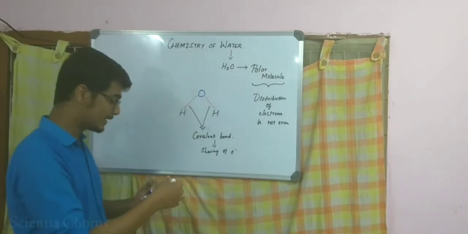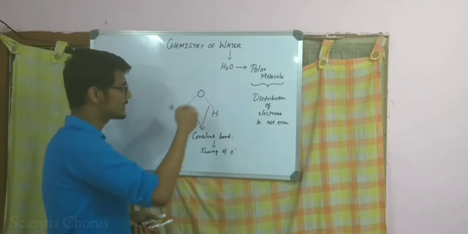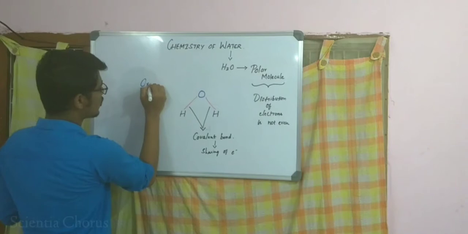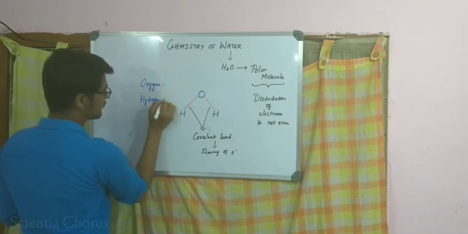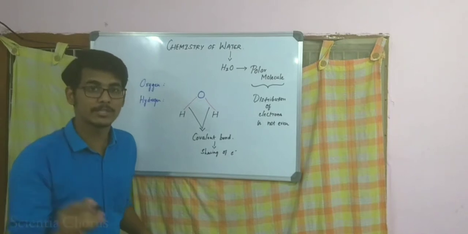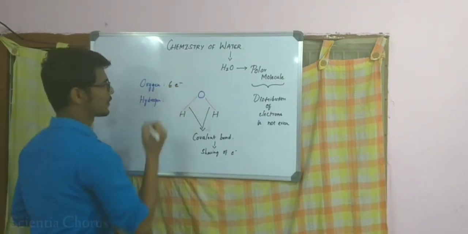To understand that, let us see the number of electrons present in oxygen and hydrogen. First let us take oxygen and the next one will be hydrogen. How many electrons are there in the outermost shell of oxygen? It is totally 6 electrons.